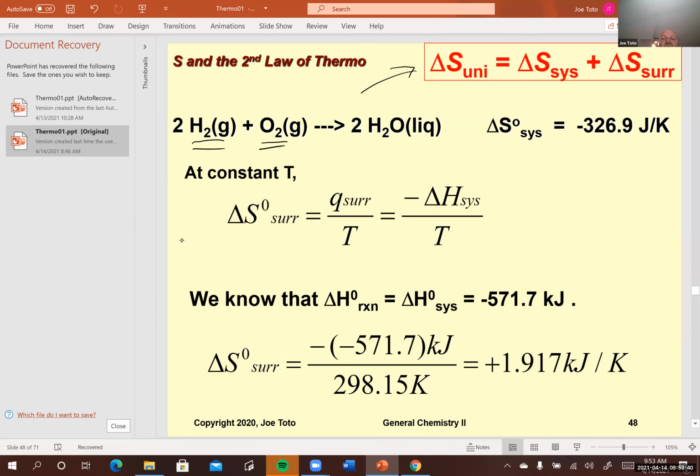Okay, so we need to calculate a system delta S, which we know how to do now from the third law of thermodynamics, which sets the standard of entropy for everything at zero under specific conditions of zero temperature. So we can look at those published values in your textbook or online, sum up the products, subtract the sum of the reactants and all their entropies, and calculate a delta S for the system.